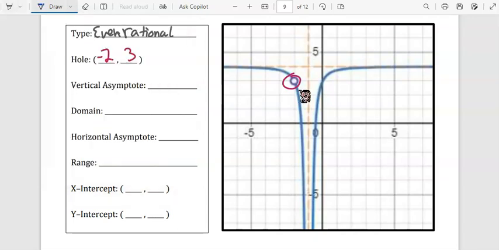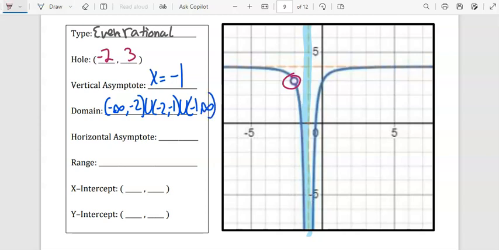The vertical asymptote is going to be at x equals -1. And the domain's going to be all real numbers except for -2 and -1. So negative infinity to -2, union, -2 to -1, union, -1 to infinity.